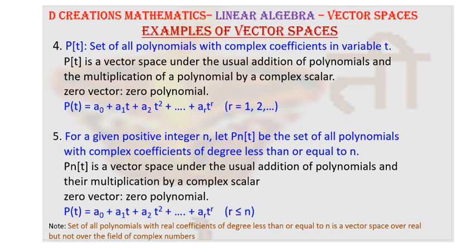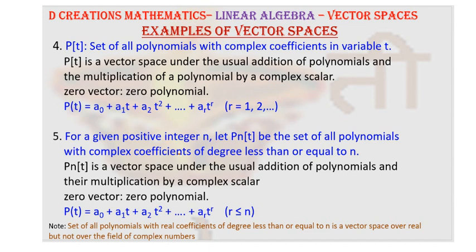Now, if the scalars were real, you could have also said that it's a vector space over real numbers if it was a set of polynomials with real coefficients. Now here, since we are talking about complex coefficients, let us focus on that. Here we had said that we are allowing polynomials of all orders.